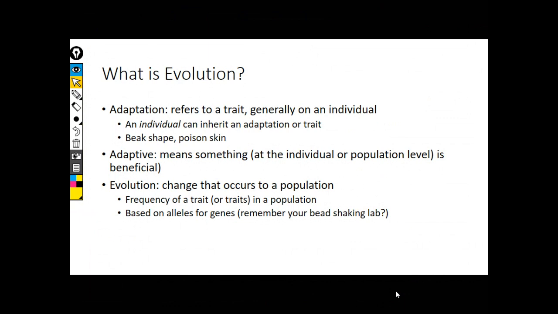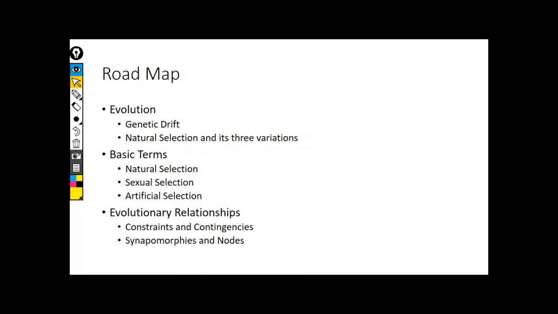So remember, we see a whole population change from, say, light-colored moths to dark-colored moths, but an individual doesn't change, right? So in my lifetime, I would not change from a light-colored moth to a dark-colored moth.